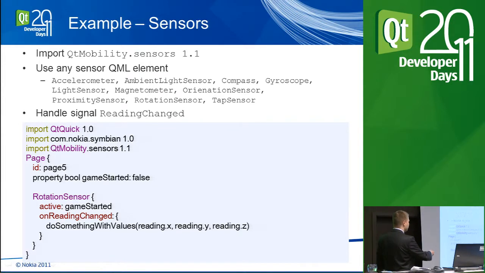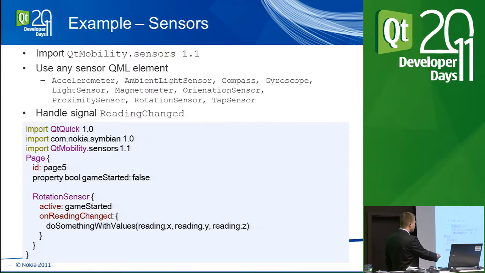And then we are using rotation sensor QML element. By instantiating this element here, we are able to tap into onReadingChanged signal handler. This handler is called every time the reading of the sensor is changing.